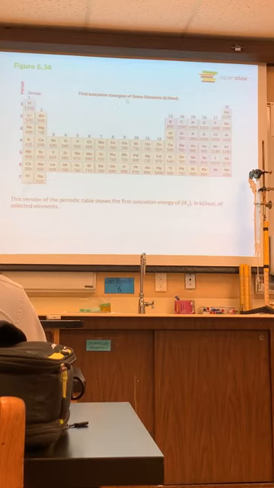And the first ionization energy for some of these elements is listed, and notice that we get the biggest numbers towards the right, and especially towards the top right. Helium is the very biggest, and the very smallest measured value is for cesium. Francium, the element is so rare, you get so few atoms of francium, they've never actually been able to measure that. We would predict that it would be even smaller still, because the electrons for francium are even further away from the nucleus and more easily removed.